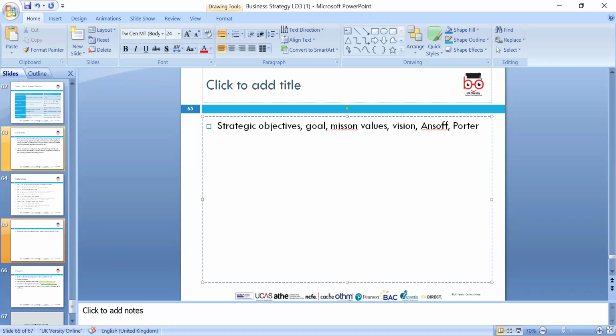Porter's five forces. We know Porter's generic strategies. We discussed 7S, which is quite crucial and which we need to look at.